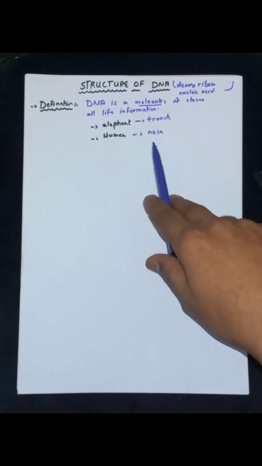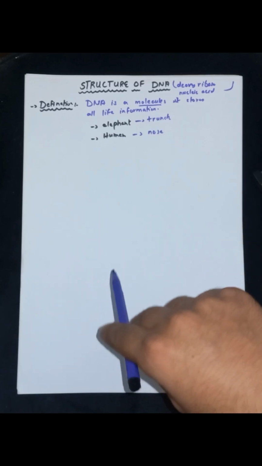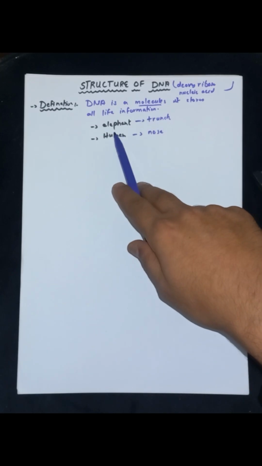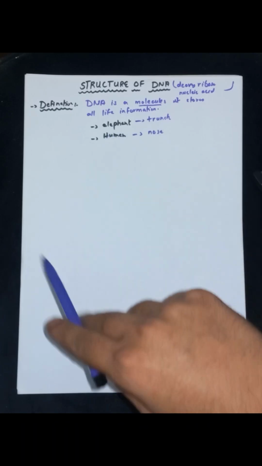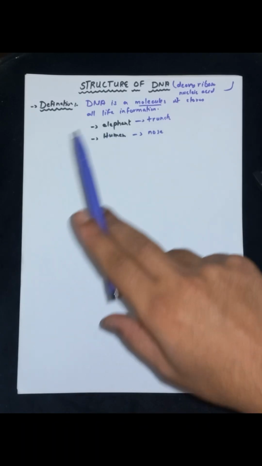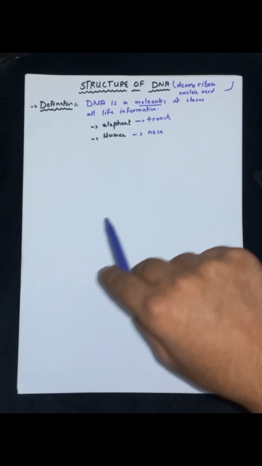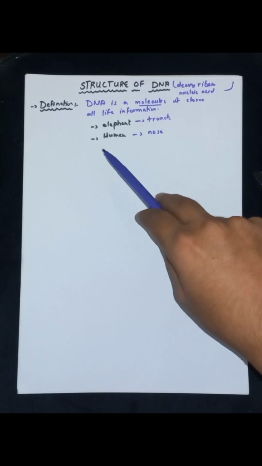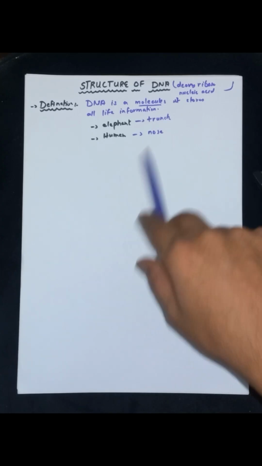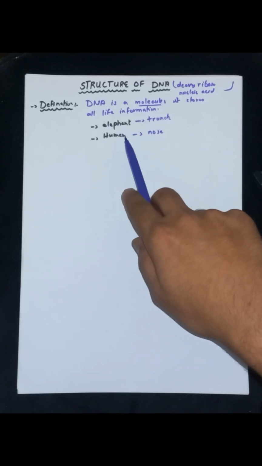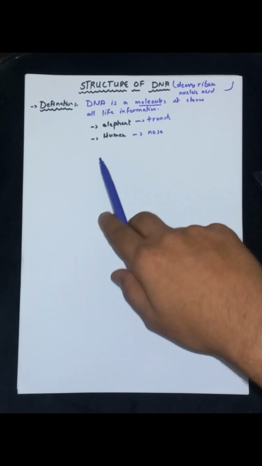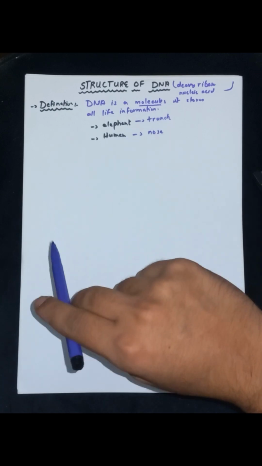Why does a human have a nose and an elephant a trunk? An elephant also has DNA, a human also has DNA. But the DNA of the elephant has different information, and the DNA of a human has different information. That's why instead of a nose, the elephant has a trunk and the human has a nose instead of a trunk.